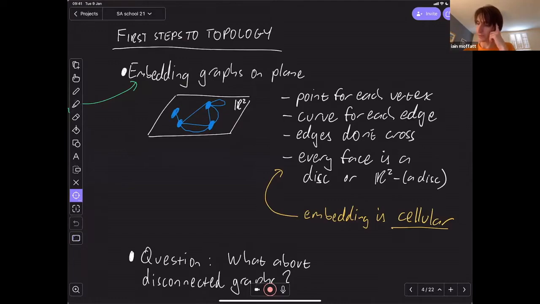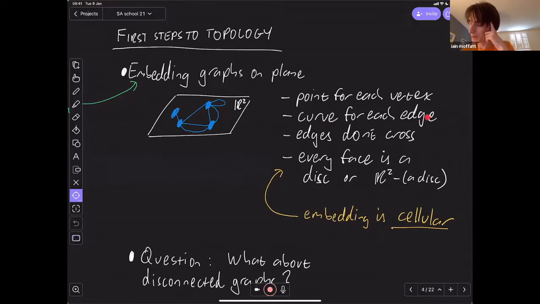So what we've got here is our plane, R2, and I'm just going to draw my graph in it. For each vertex of my graph, I'm just going to make it a point, and whenever I've got an edge between them, I'm just going to draw some line or curve between the corresponding vertices.